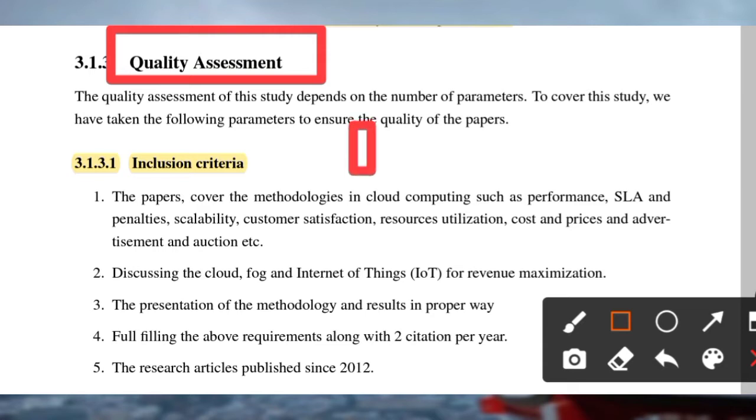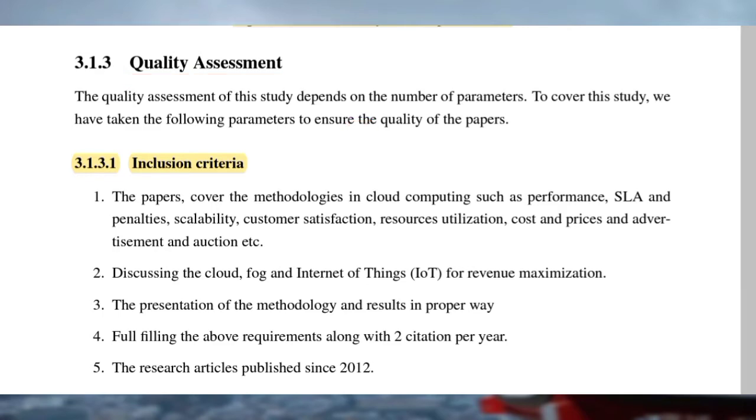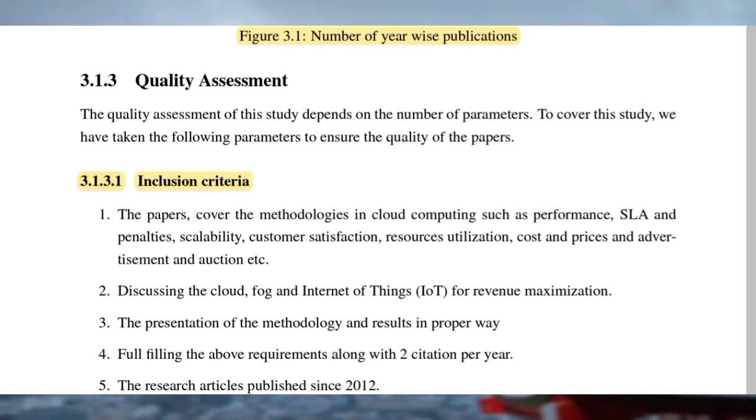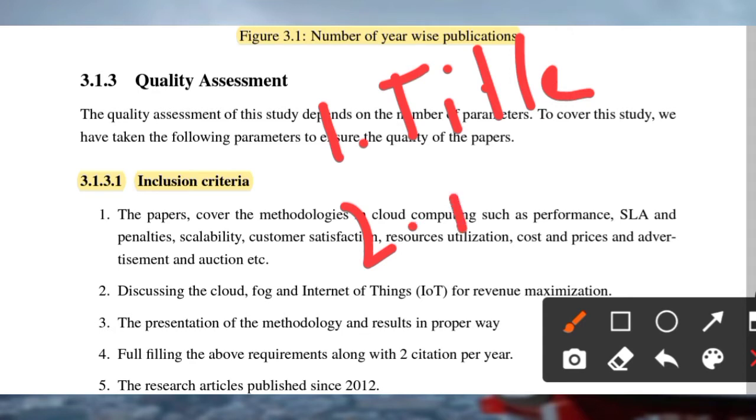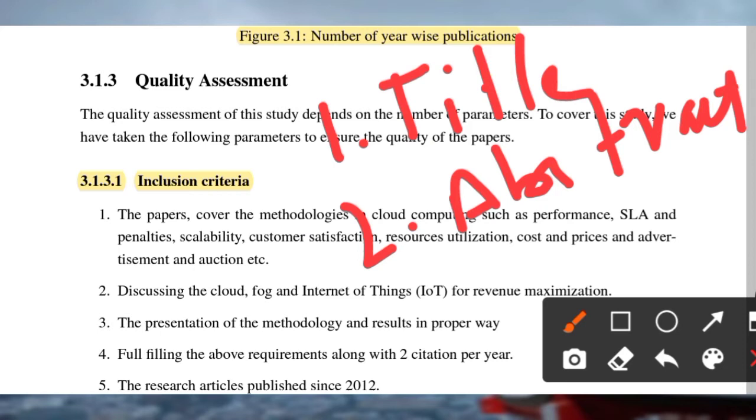Initially we check the title. What is the title of the paper? Because the title is what is displayed first when you search on the internet. Secondly, you see the abstract. When the title matches, you check whether the abstract matches your literature or not.